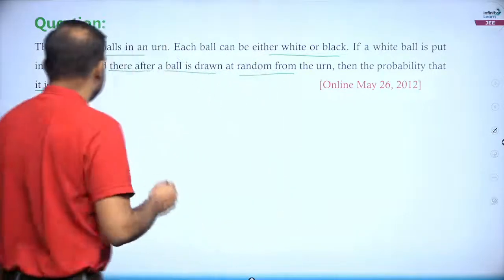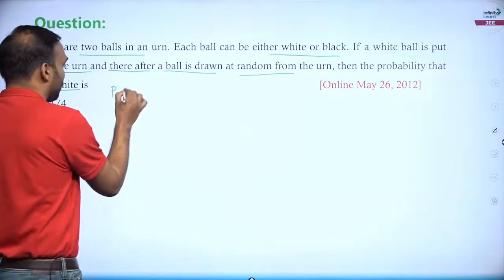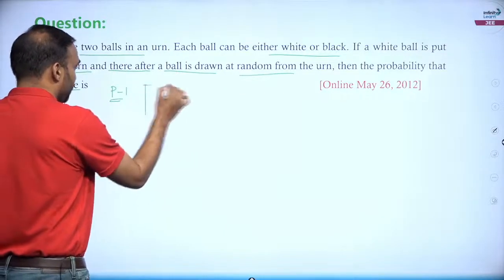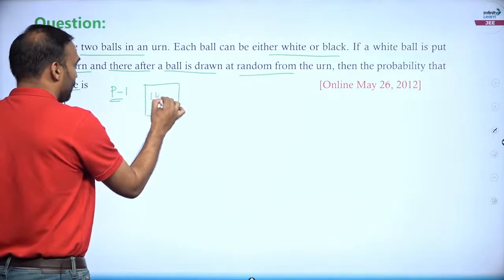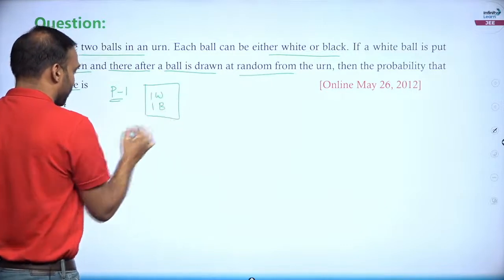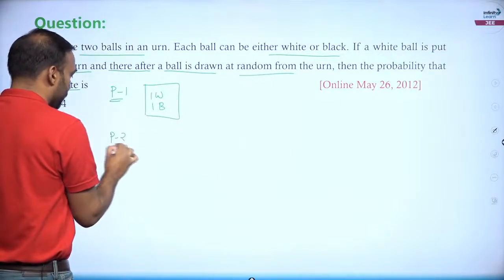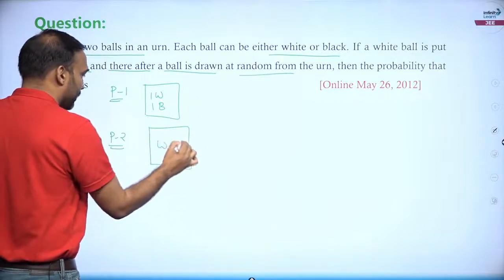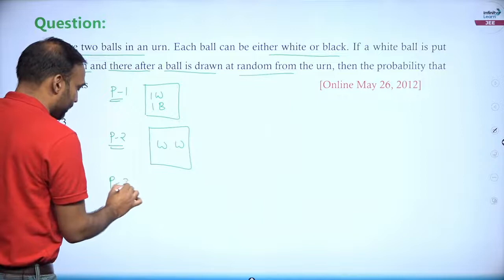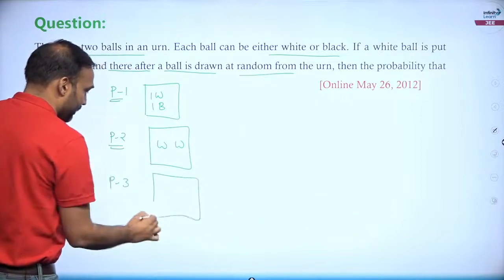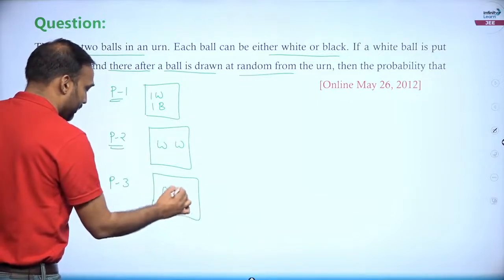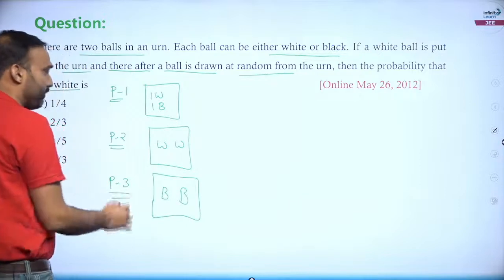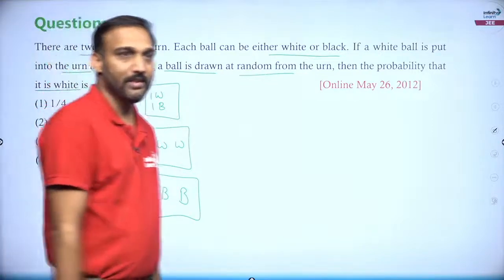So let us list down the possibilities. Possibility number 1, the box will have 1 white, 1 black. Possibility number 2, the box will have both the balls white. Possibility number 3, both black. So is there any other possibility apart from these 3?